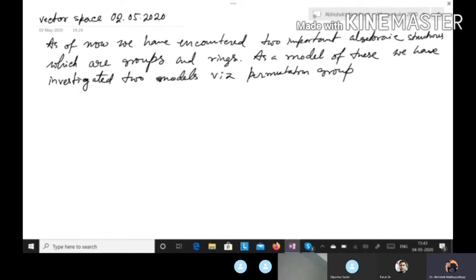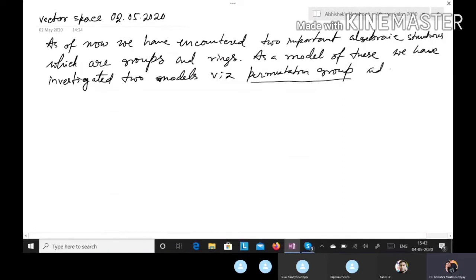And we have proved in Cayley's theorem that any group is isomorphic to a subgroup of some permutation group, where the permutation has been defined on a suitable set. This is the basic model of group.